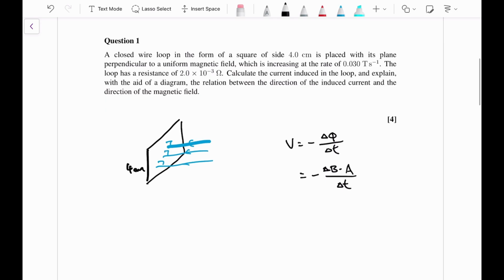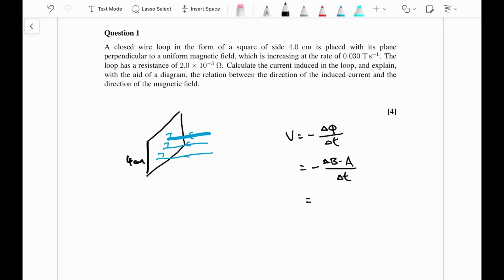Okay, so then we can further simplify this, so that will be a difference in B over difference in t. That will be just what is given, that's essentially the rate of change of the magnetic flux density, and then times the area, and that will be 0.04 squared because it's a square over here.